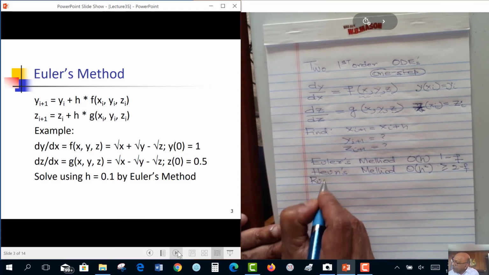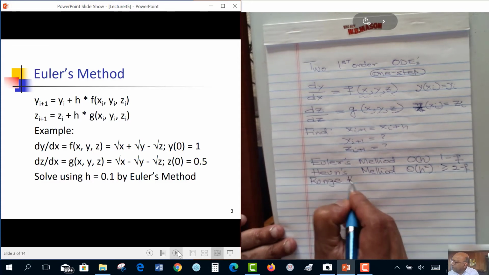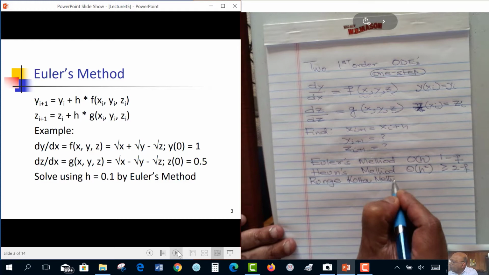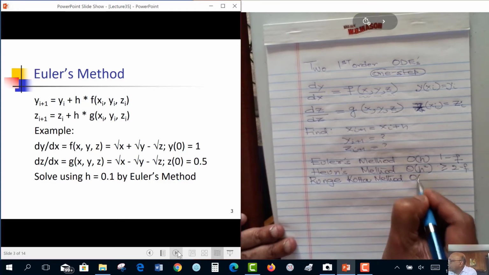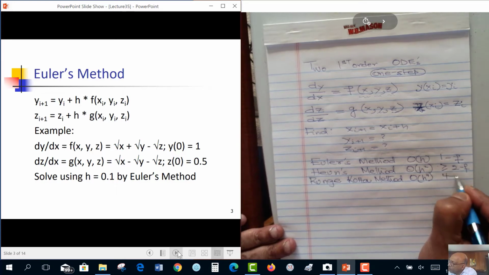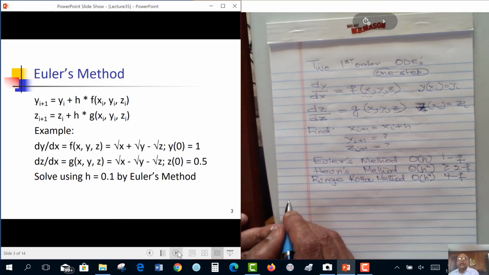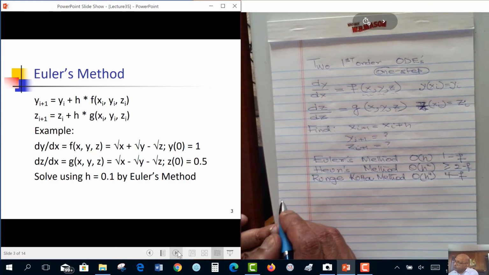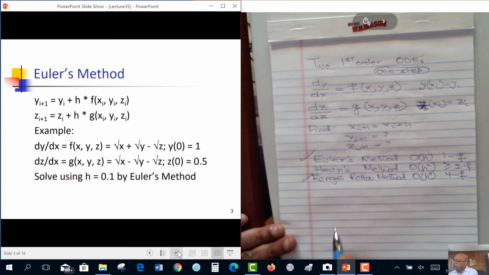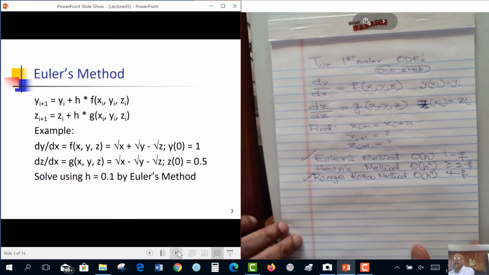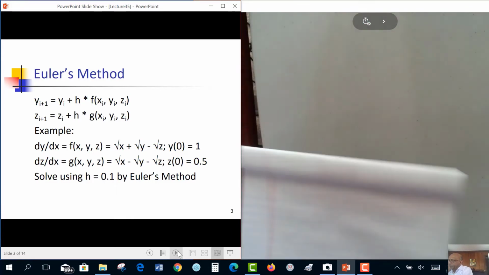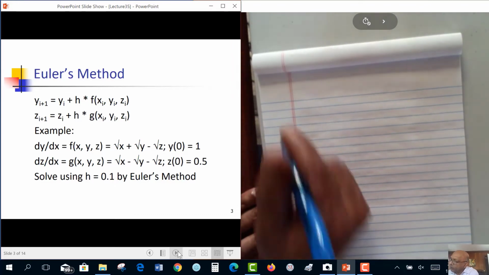And then Runge-Kutta method, fourth order, which was order h to the power 4, and it required four function evaluations. So for solving two first order equations, we look at Euler's method and Runge-Kutta method. Both are popular methods. So let's look at Euler's method.